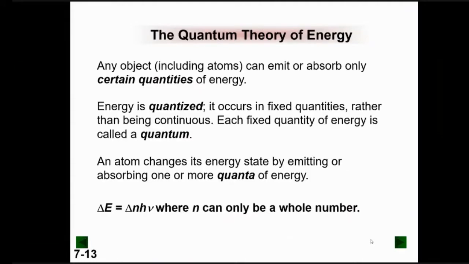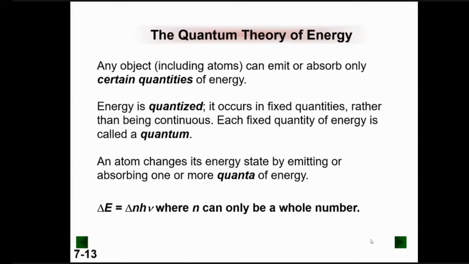Okay, any object can absorb or emit certain specific quantities of energy. That's the word they're missing there, it's specific. And it's based on where the electron is located, but we'll talk about that later. Okay, it's quantized, which means it's a fixed quantity. It's the exact amount that you need. It's not continuous like the spectrum of light you would see from violet to red.